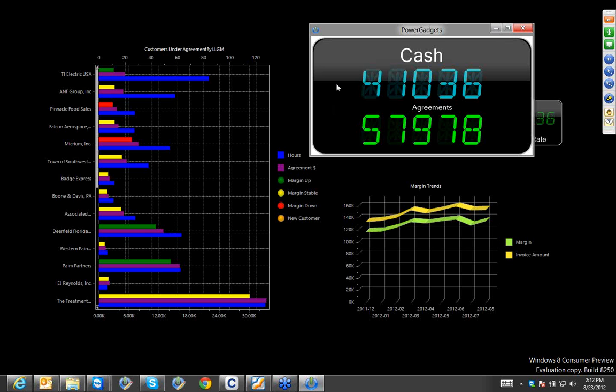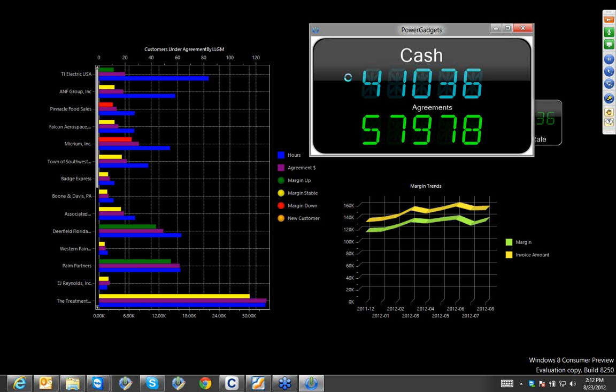However, outside of contract, whether it's a contracted customer with an element that exceeds the contract, or simply non-contracted work, just hourly time and materials, that's going to show up here in cash. If I was to run invoicing right now, we would be invoicing an additional $41,000.